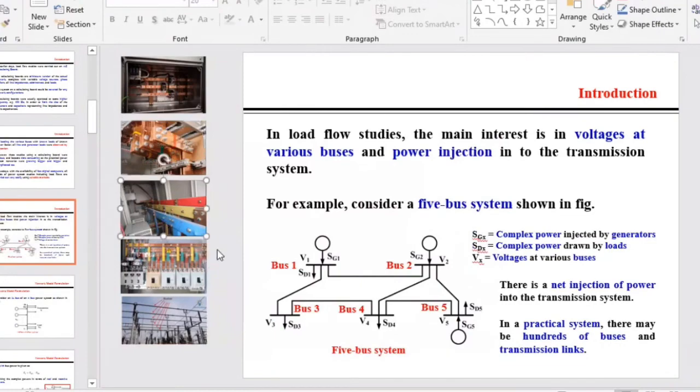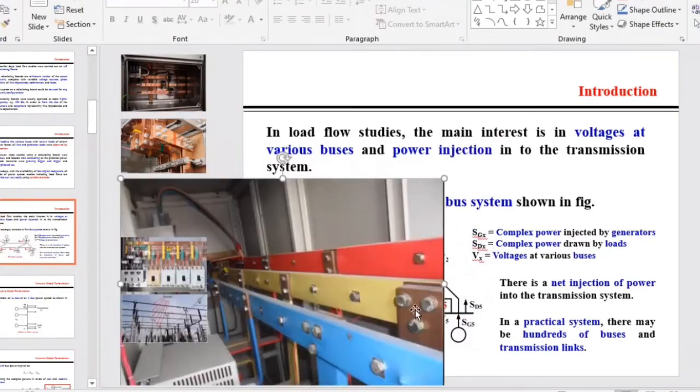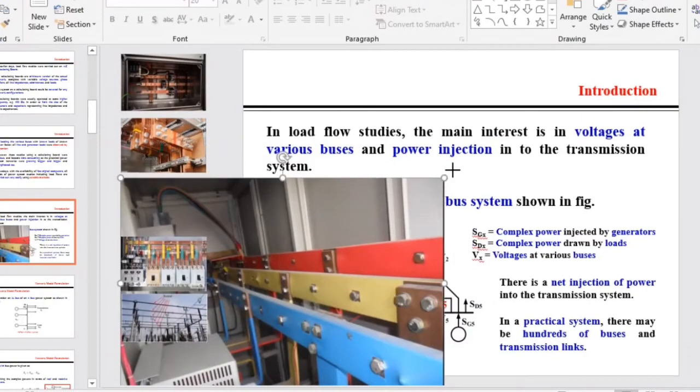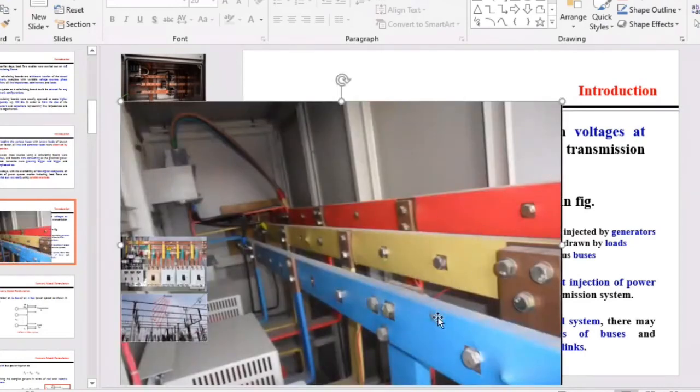This other bus bar is for high voltage, high current, high power applications like 6.6 kV, 11 kV, 33 kV, and so on inside the distribution station or a substation. They look like that.